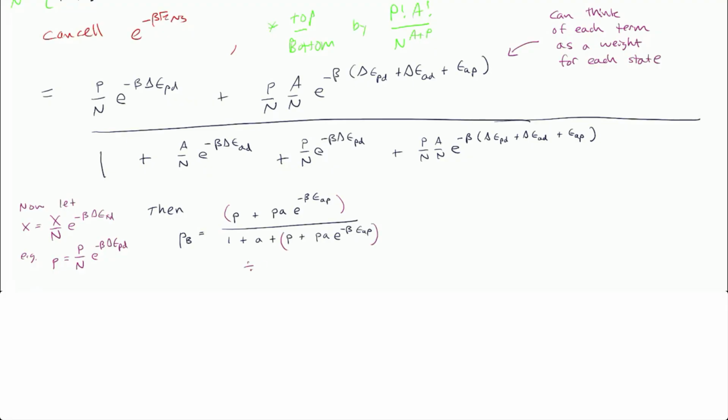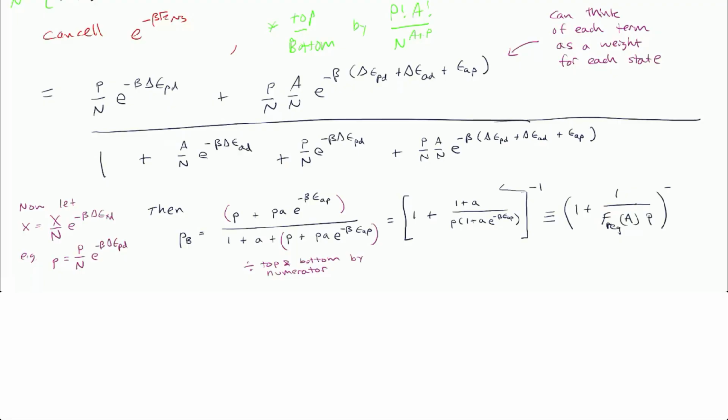And now we can simplify this still further by dividing the top and the bottom by the numerator itself in the terms in the parentheses there. And this allows us to express the probability of binding as 1 over that quantity in square brackets. Now you can see that the expression can be written as a product of P times a regulatory factor.